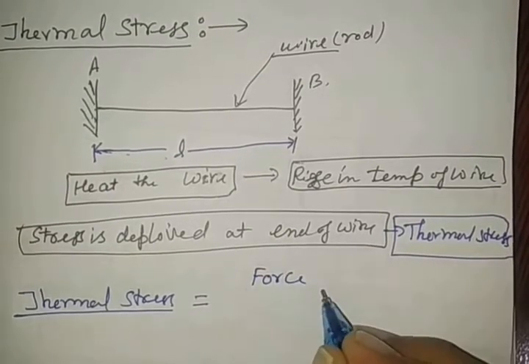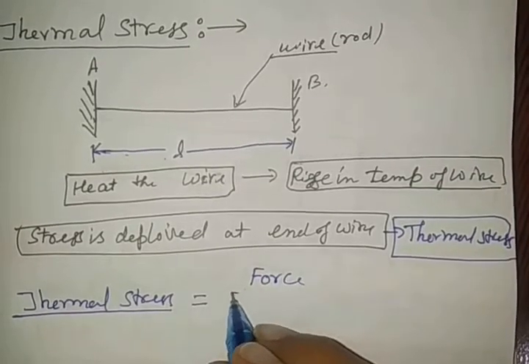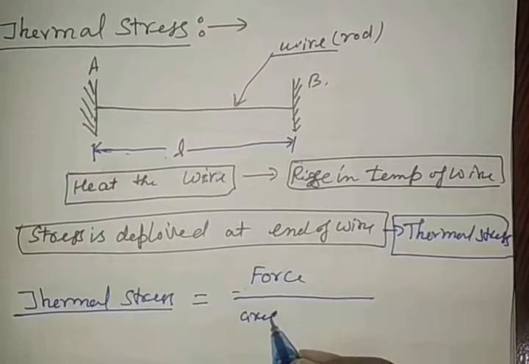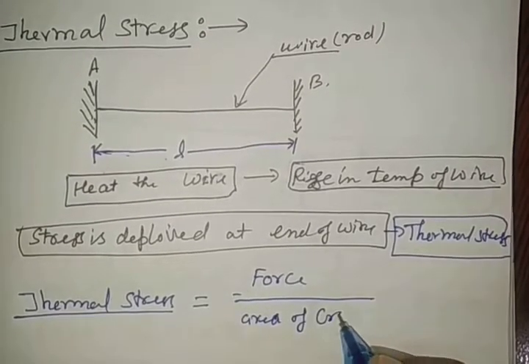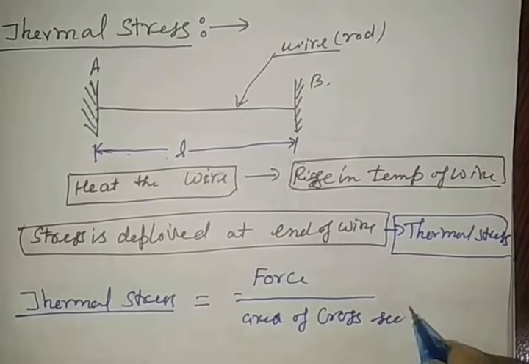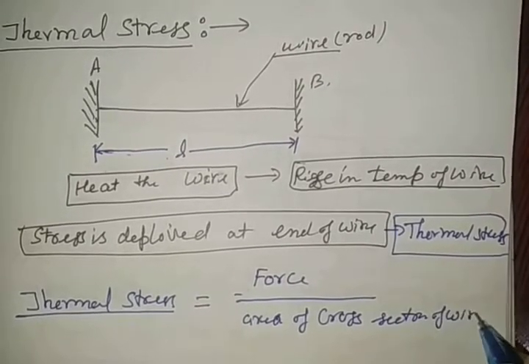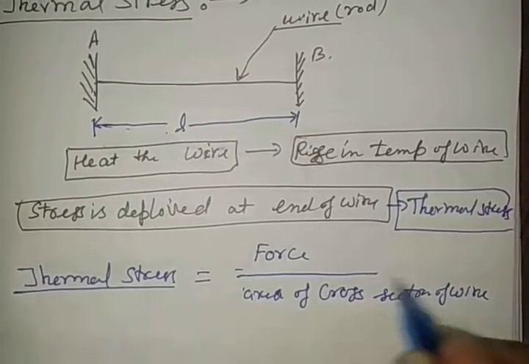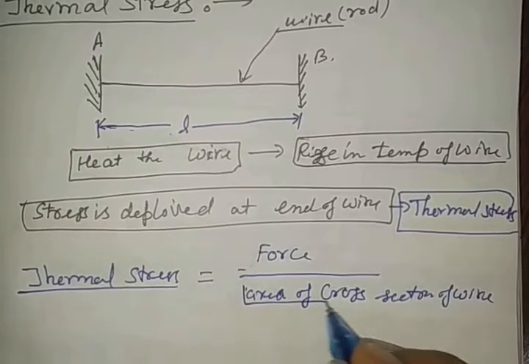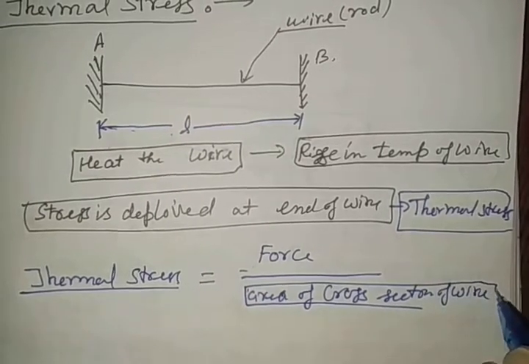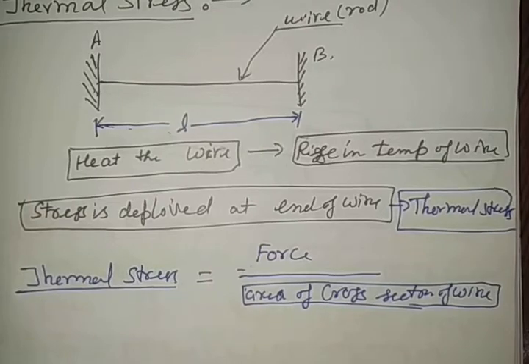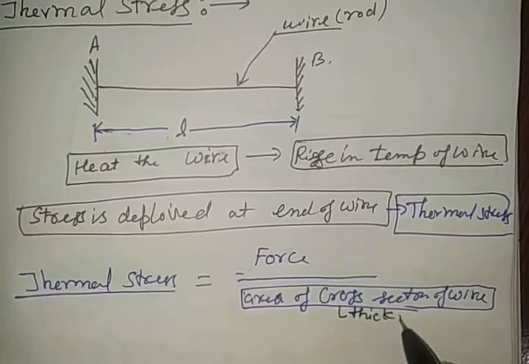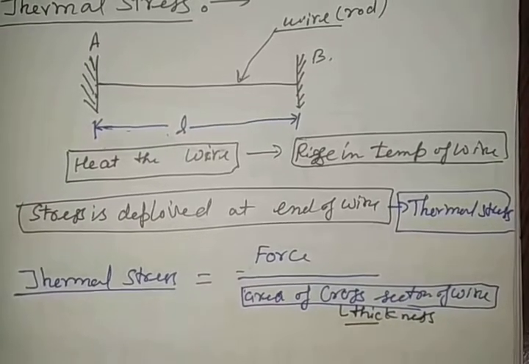force acting on the wire due to the heat energy provided, divided by the area of cross section of the wire. The area of cross section of the wire is directly related to the thickness of the wire. The area of cross section of a wire or rod is pi r squared, and it is directly connected with the thickness of the wire also, right?